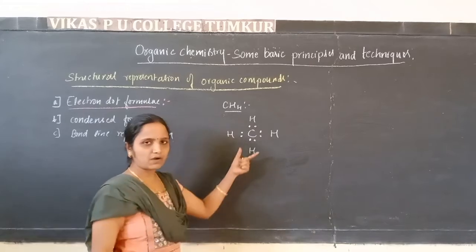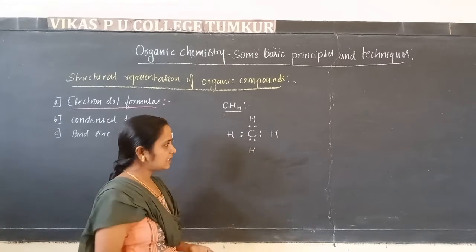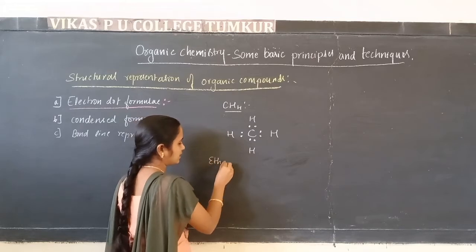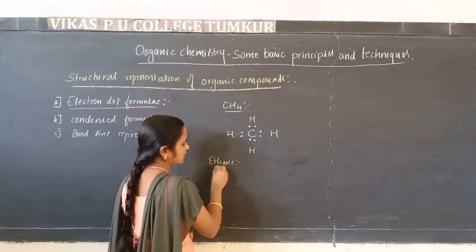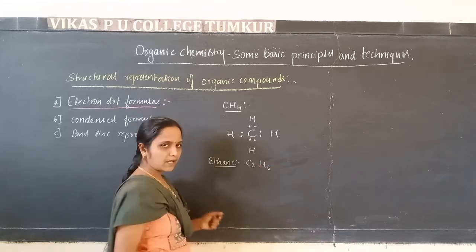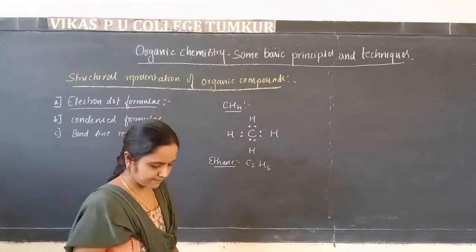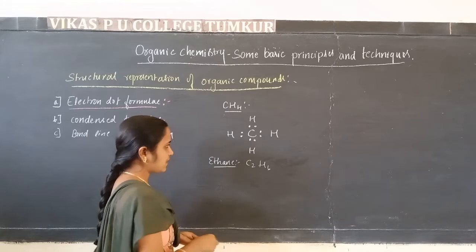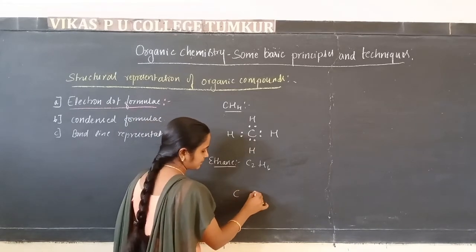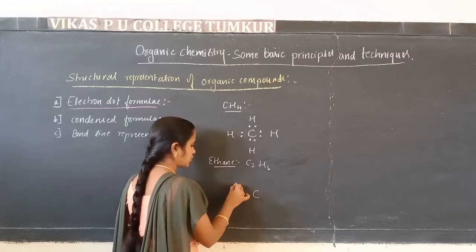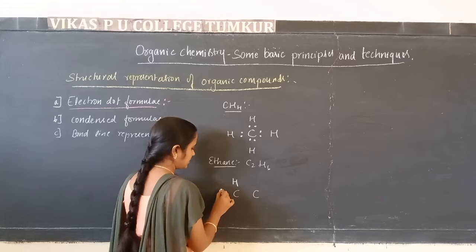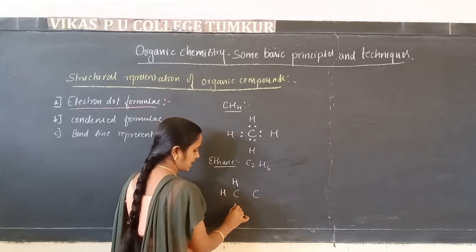Similarly, the molecular formula of ethane is C2H6. Here there are 2 carbon atoms and 6 hydrogen atoms. Each carbon is surrounded by 3 hydrogen atoms.